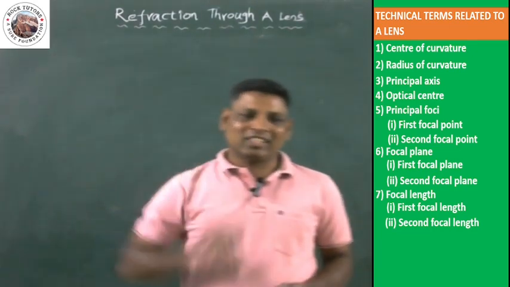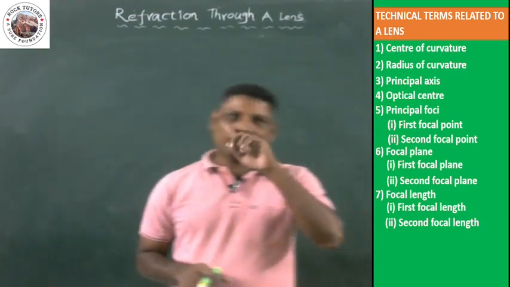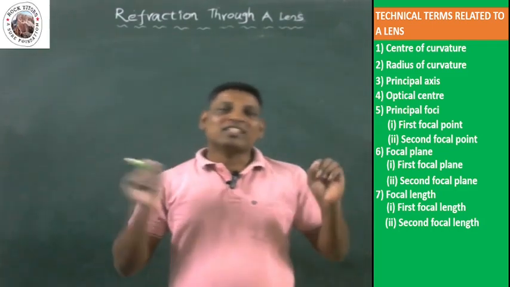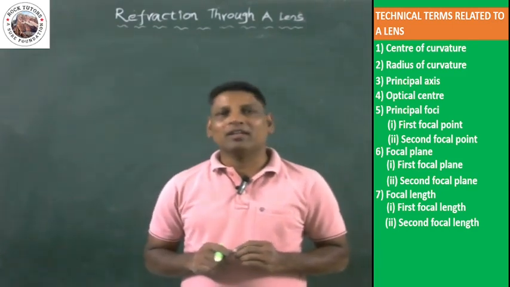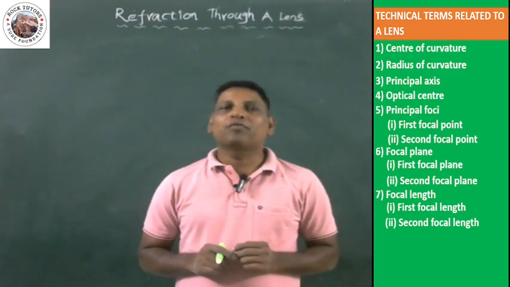Focal length. Focal length means the distance between the optical center and the focal point.